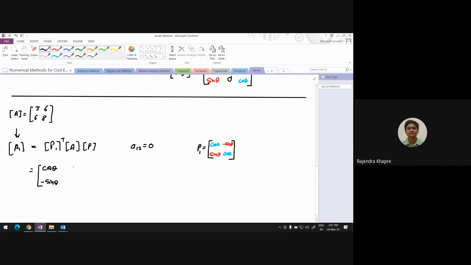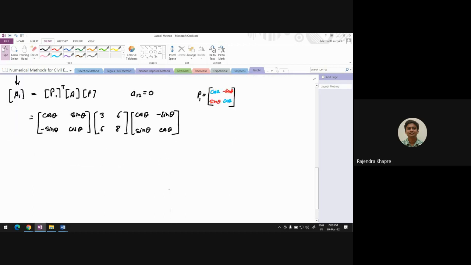And here this will be sin theta, and here this will be cos theta, multiplied by 3 6 6 and 8, multiplied by cos of theta, minus sin of theta, and cos of theta. Simple 2 by 2 matrix, right?